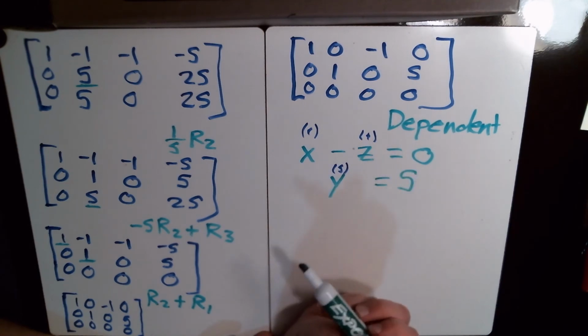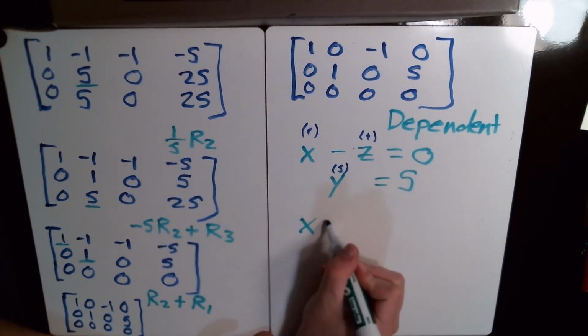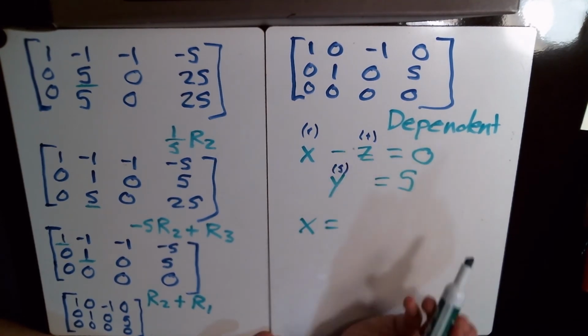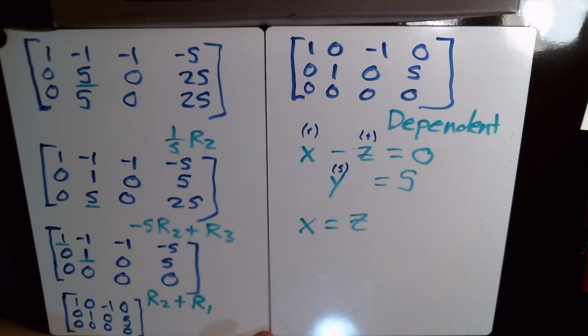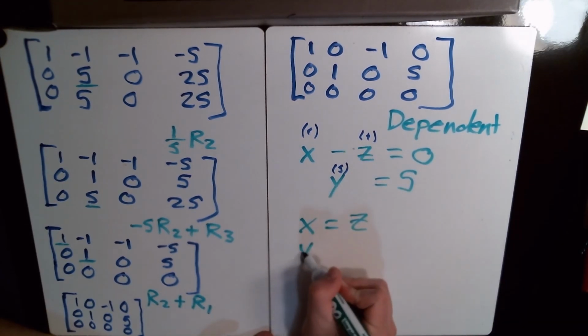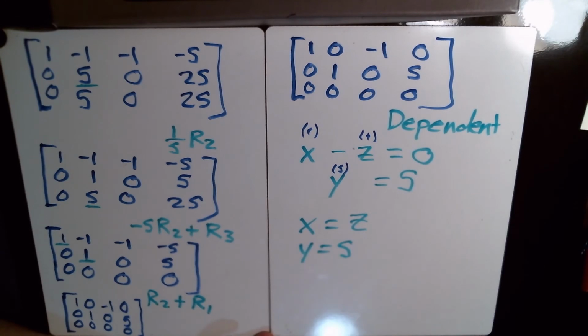So by adding z to both sides, we get x is z and y is still 5, right? And so essentially my solutions will be x needs to be z, that's my first coordinate. Y is going to be 5, and then z will just be z, right? It will be the same as z.